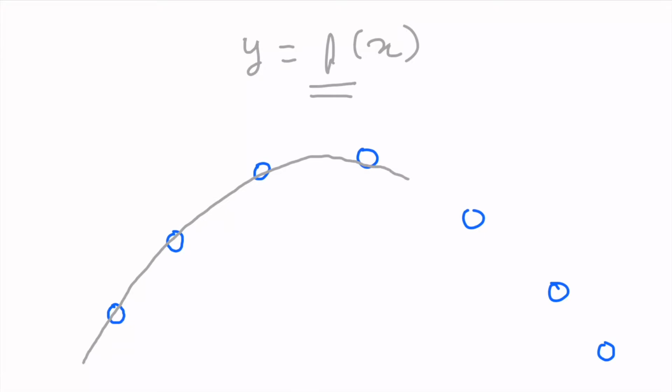If these are your data points, then you need to find the equation, and the equation could be y equals a function of x. You need to find this function, or fit the data points to this function, in a manner that the data points actually match this curve. So your y equals f of x should equal this curve. And if that is equal, then that is curve fitting.